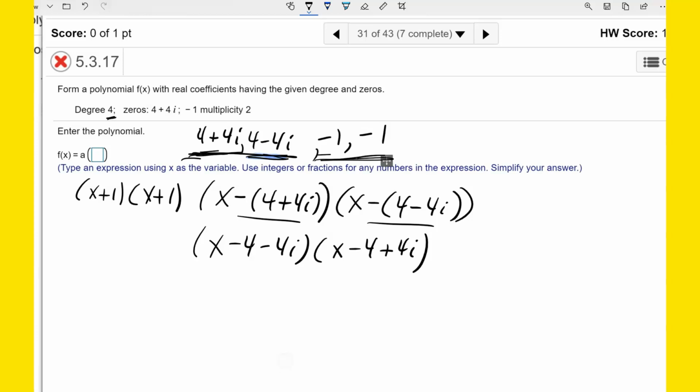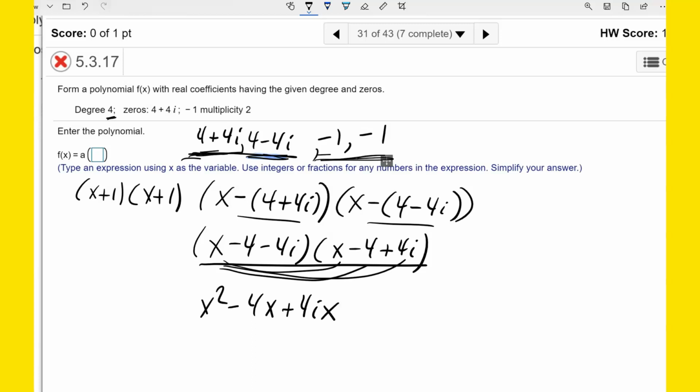Now, I have to distribute all of that with each other. So, the triple level distributive method. x times x, so that's going to be x squared minus 4x plus 4ix. Then I'm distributing the -4: -4x plus 16 minus 16i.